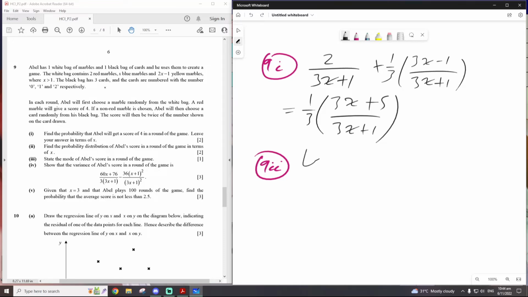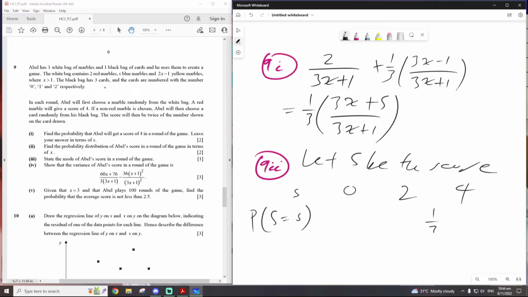Okay, so let s be the score. So the probability distribution, so we have s, and P(S equals s). Okay, so the only possible scores are 0, 2, and 4. We already know that the probability here is 1 over 3, 3x minus 1 over 3x plus 1.